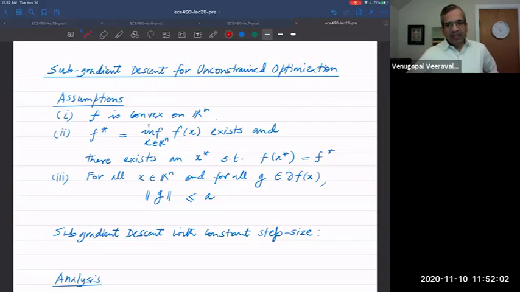So the infimum exists and is achieved, and we'll call the minimum value f star and the minimizer x star.